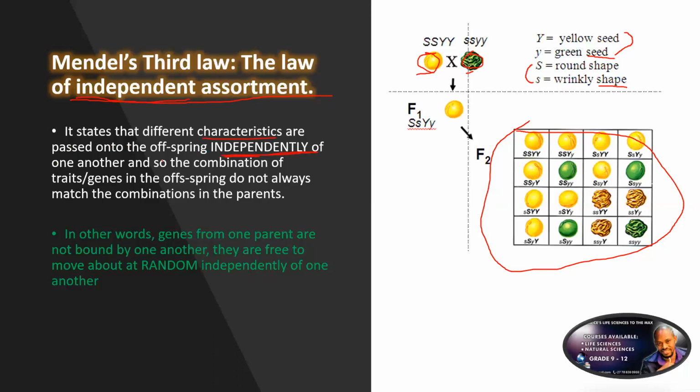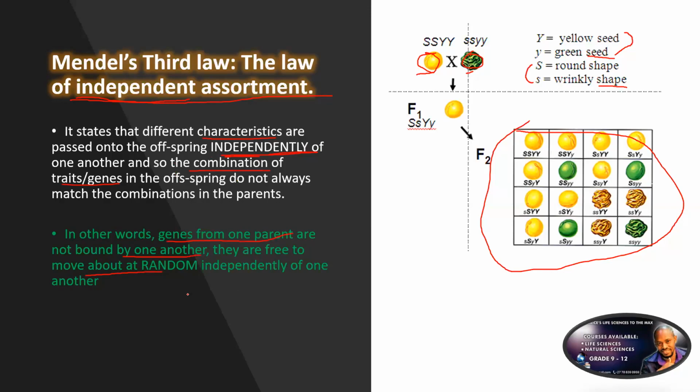Okay, characteristics are passed on to the offspring independently of one another, and so a combination of traits or genes or alleles in the offspring do not always match the combinations in the parents. I'll explain this. In other words, what Mendel meant was genes from one parent are not bound by one another. They are free to move about at random independently of one another.